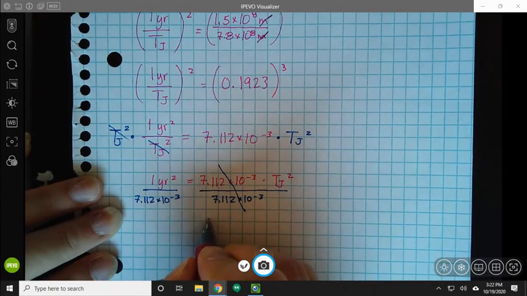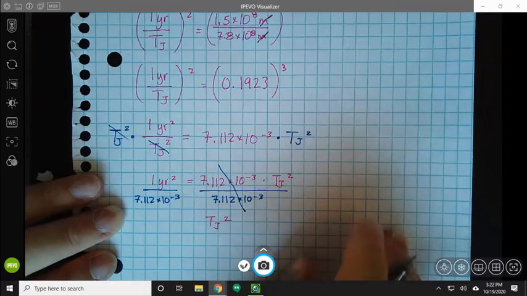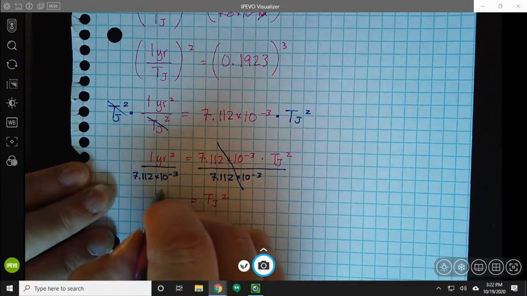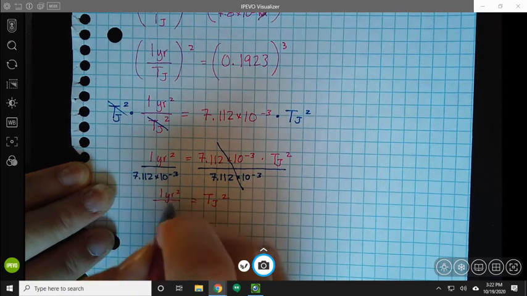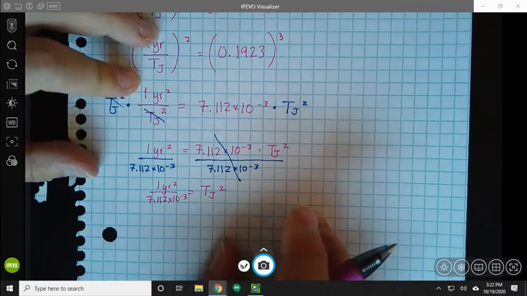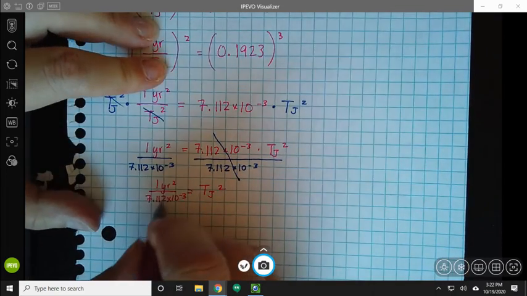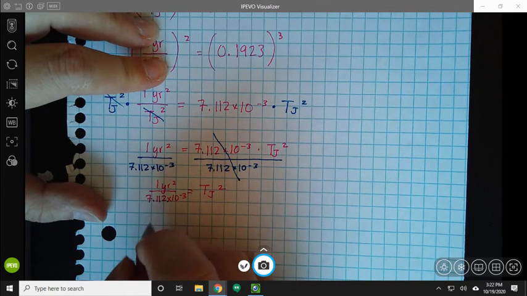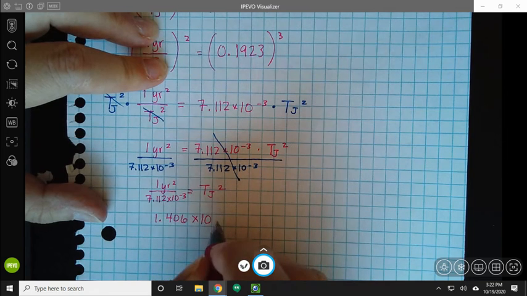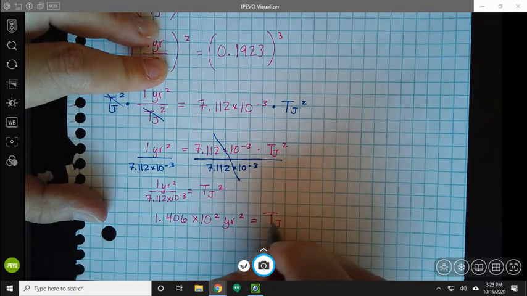And I wind up with Tj squared is equal to 1 year squared over 7.112 times 10 to the negative third. When I do that math, this works out to 1.406 times 10 to the second years squared equals Tj squared.